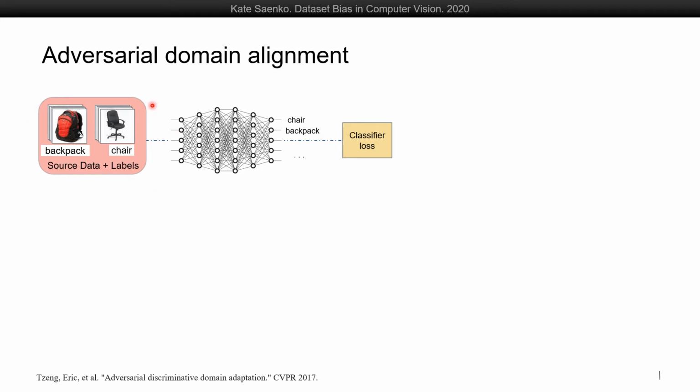The input to this network is the source data plus the labels. The output, it outputs each label in our source data that it knows about. It tries to classify an image into one of those labels. And we train it using some classification loss, for example, cross entropy.